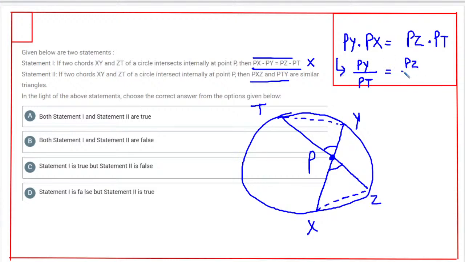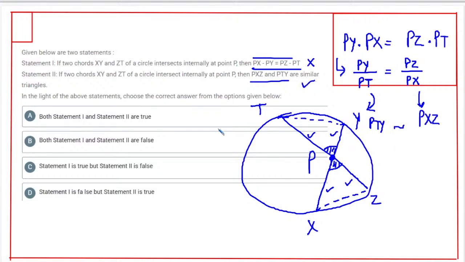It is equal to Pz over Px. So this is for the triangle Pty and this is for the triangle Pxz. Now the ratio of these two sides and these two sides are equal and there is a common angle in between them. So the triangle is similar.